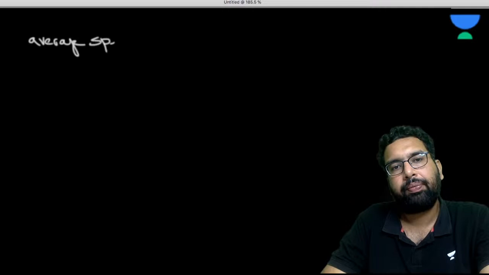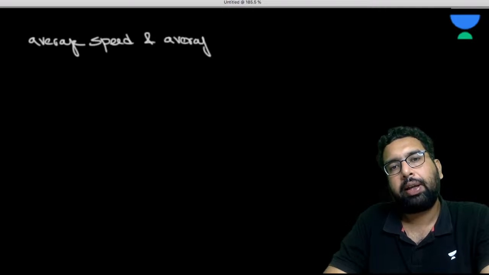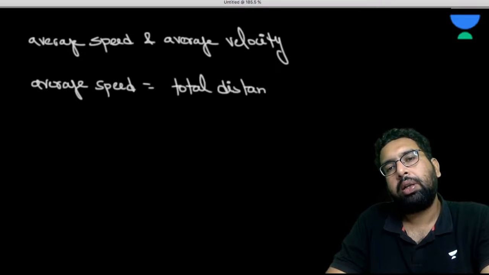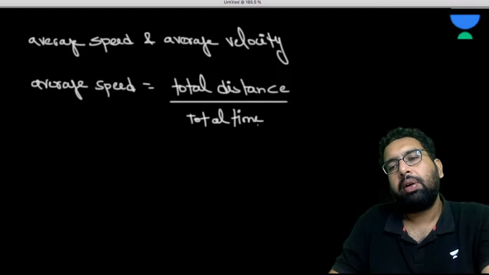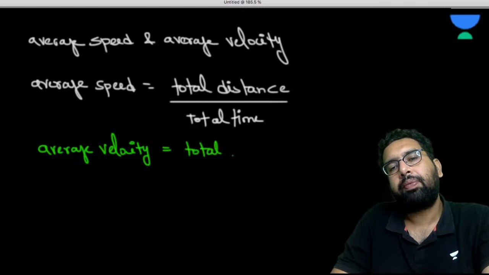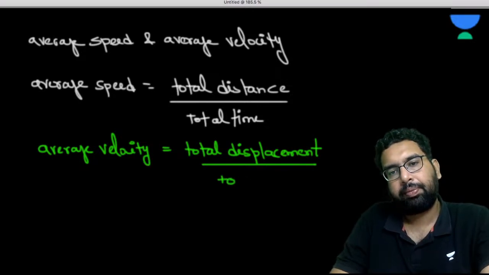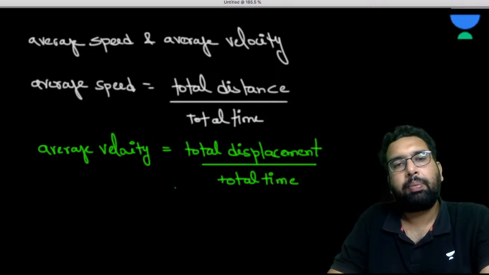Average speed is total distance upon total time, whereas average velocity is total displacement upon total time.